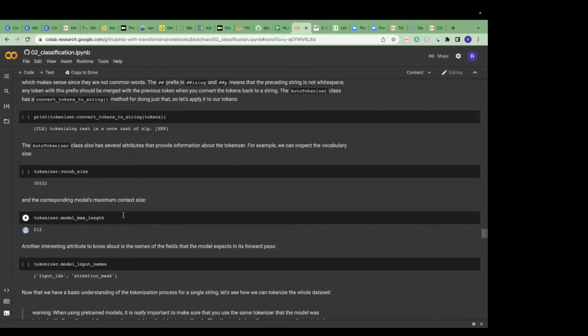Maybe we can just make a very short comment over here about the attention mask in this case. It's not connected to the attention mechanism inside transformers. It is a very simple concept. Let's say you have a short sentence, hello world, and other sentences which are longer, like tokenizing text is a core task of NLP.